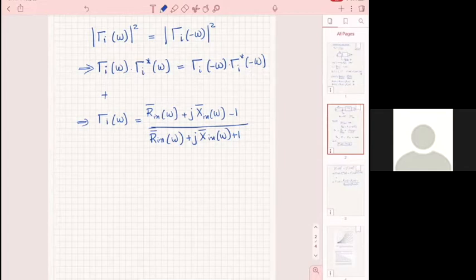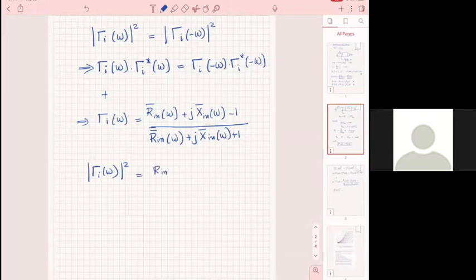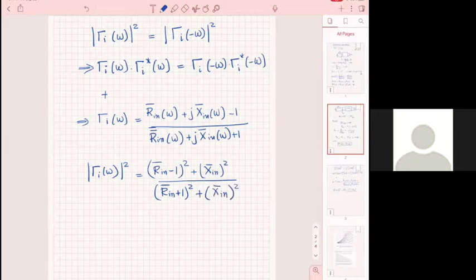From here, you can write that gamma sub I of omega magnitude squared is going to be the following: R sub in minus 1 squared plus X sub in normalized squared, divided by R sub in plus 1 squared plus X sub in squared.